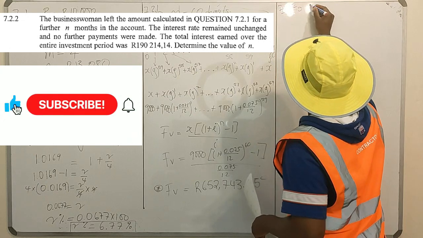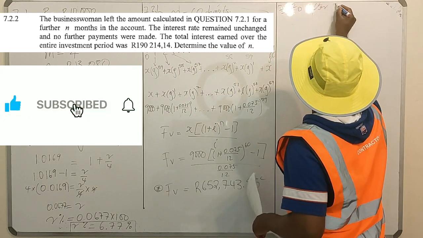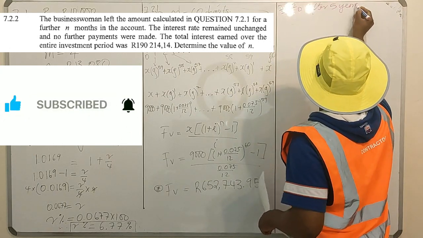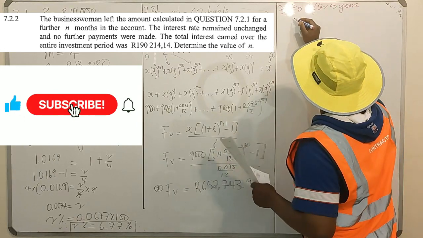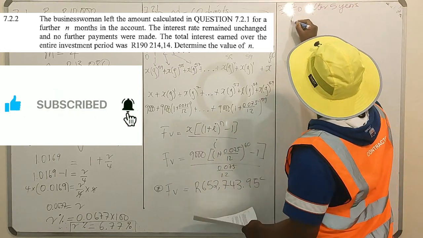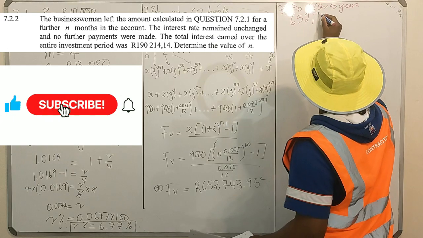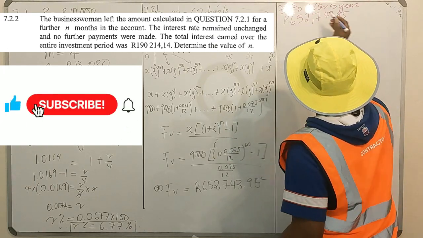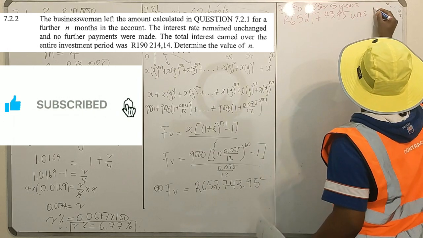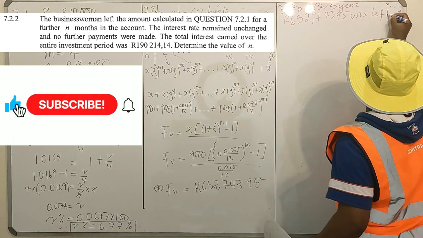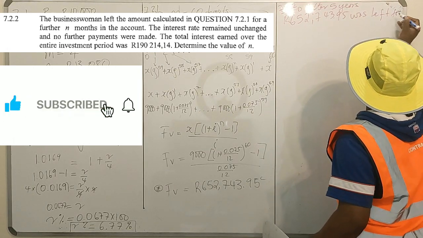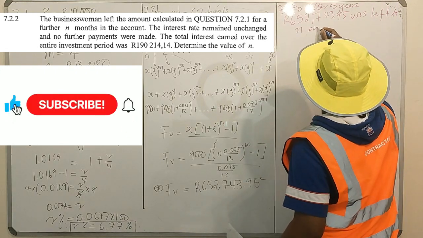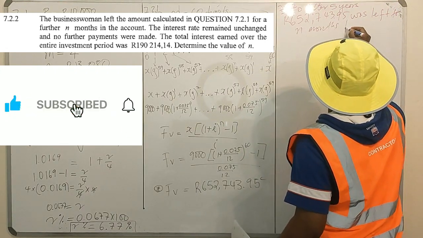7.2.2. After 5 years, this amount, 652,743 rand 95 cents, was left for n months to gain interest.